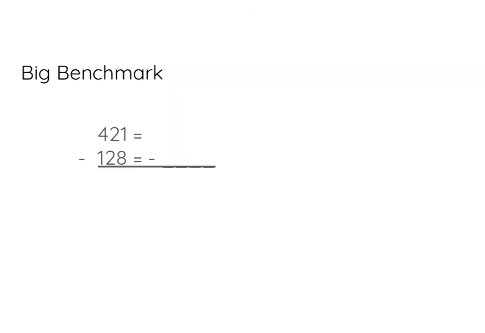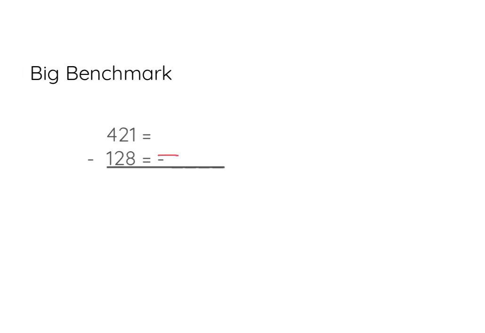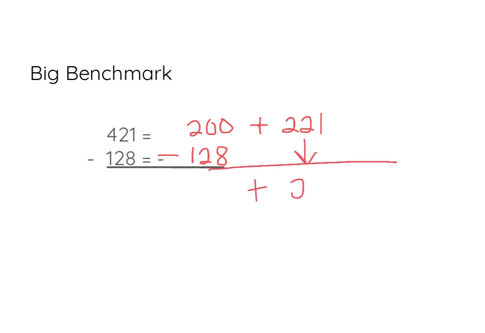Now let's do the same problem using the big benchmark. So start out with the minus 128 and think, who is 128's next 100? 200. Rename it by knowing that it needs another 221. Bring that 221 down.